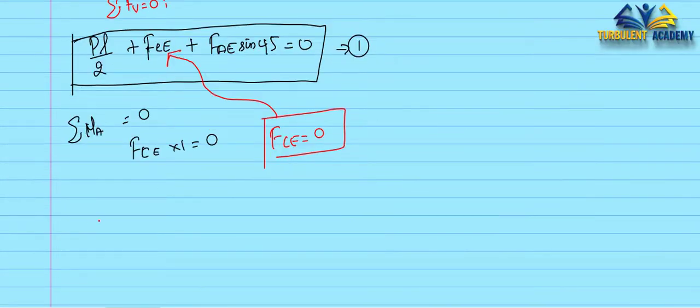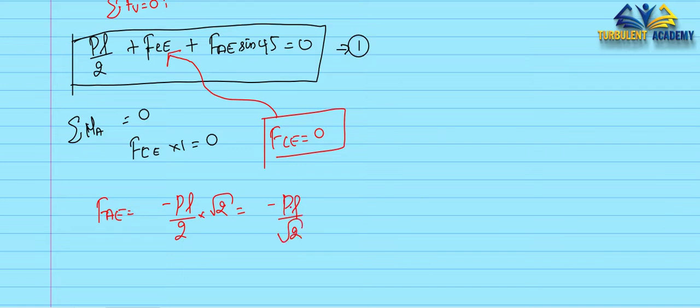FAE is equal to minus PL by 2, this PL by 2 will go to that side, and divided by sine 45, which is 1 by root 2, so root 2 will be on the top. Cancelling it out, you will get minus PL by root 2 as FAE.